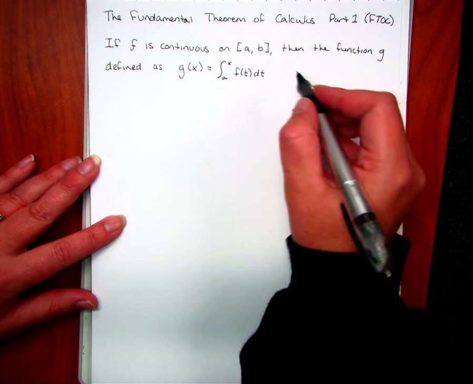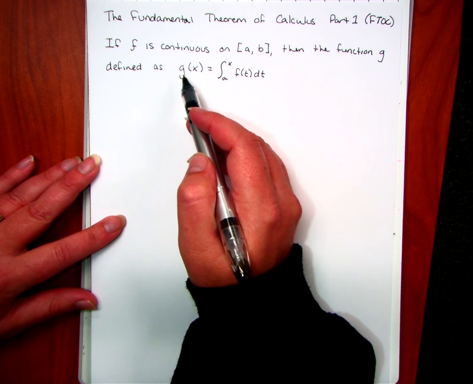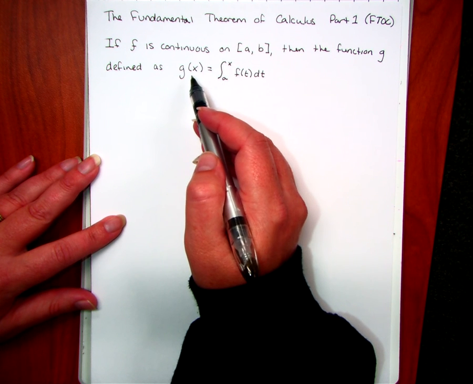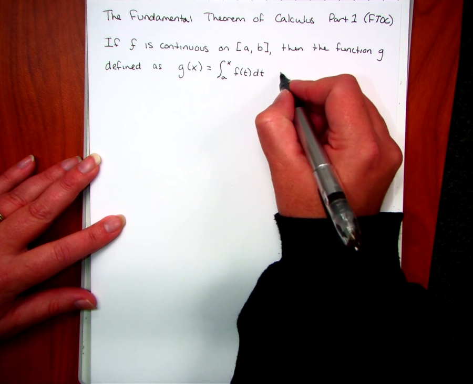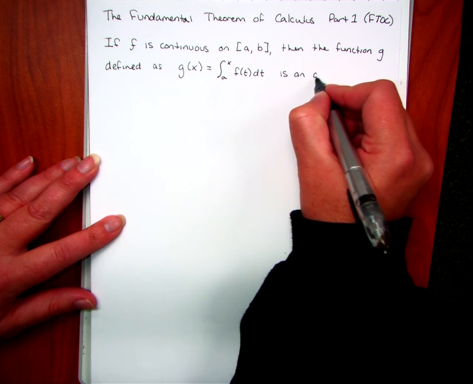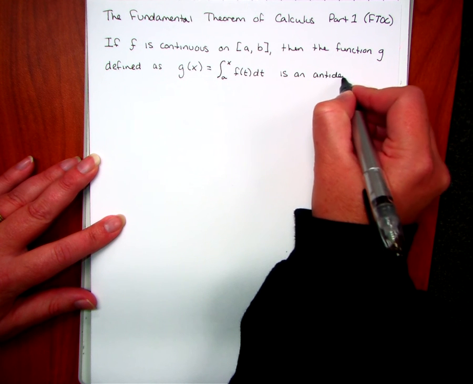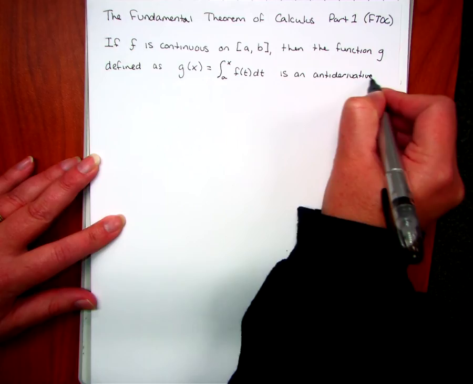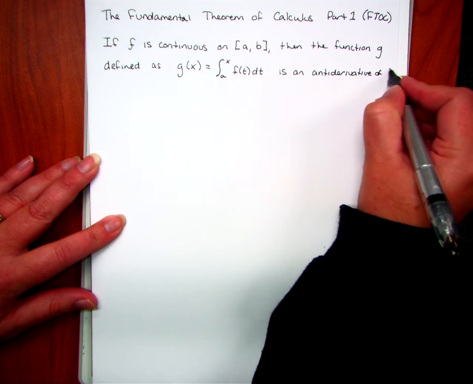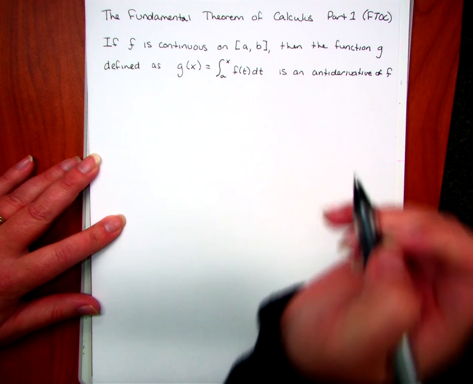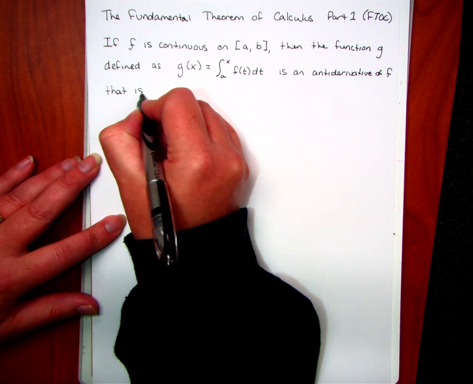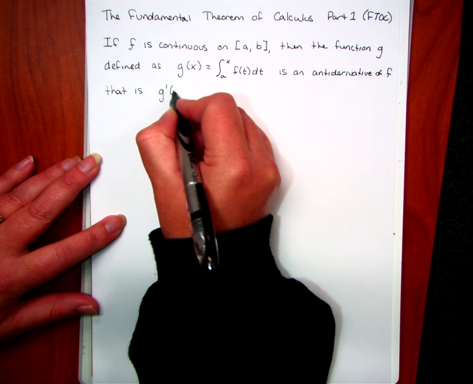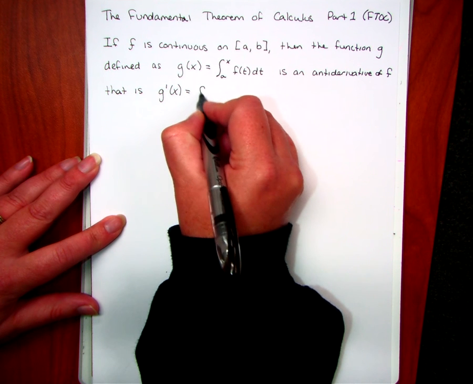So this function g is the antiderivative of little f. Okay, which is to say that the derivative of g is little f.